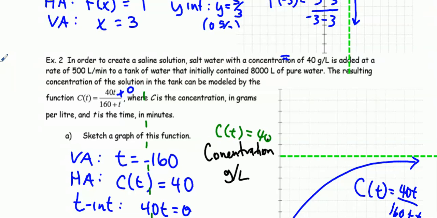So regardless of the size of the tank, you're never going to have a concentration of 40 grams per liter because you started out with 8,000 liters of pure water that had no saline. So we know that we are going to approach a concentration of 40 grams per liter if we had a huge container. If we have a smaller one, it's not going to be 40 grams per liter, but it will start to get closer and closer as you put more water in. Okay, so I think that's what you should be explaining.